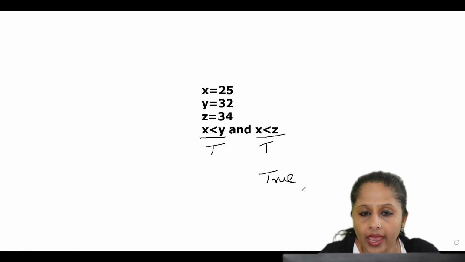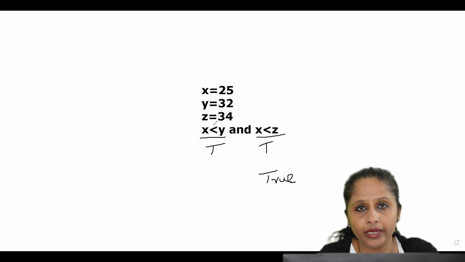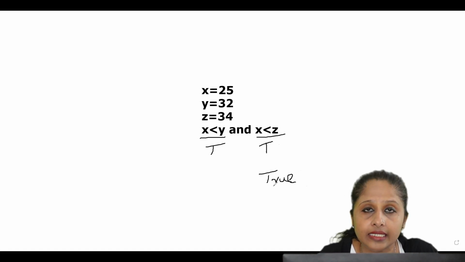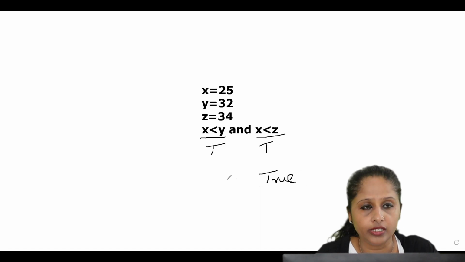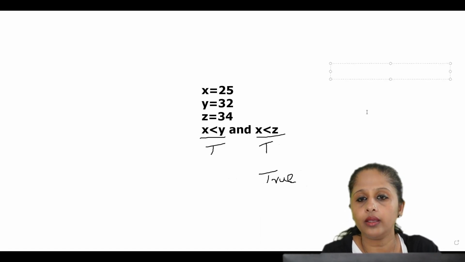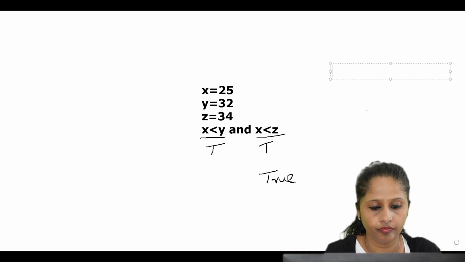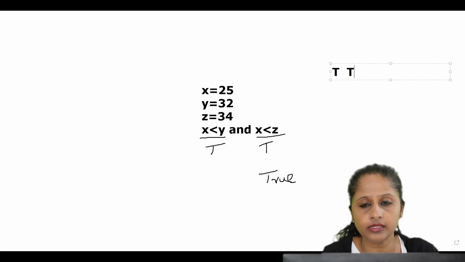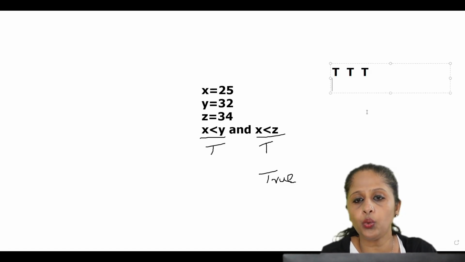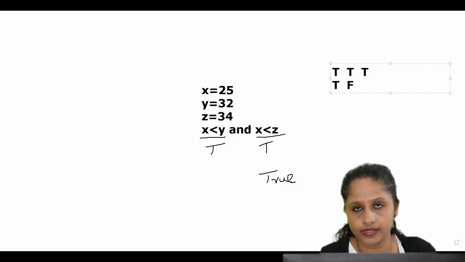So in case of AND, both conditions should be true, then only you will get the result as true. In all other cases, the answers are false. So if the first result is true and the second is also true, then the answer is true. If the first result is true and the second one is false, then you will get false.